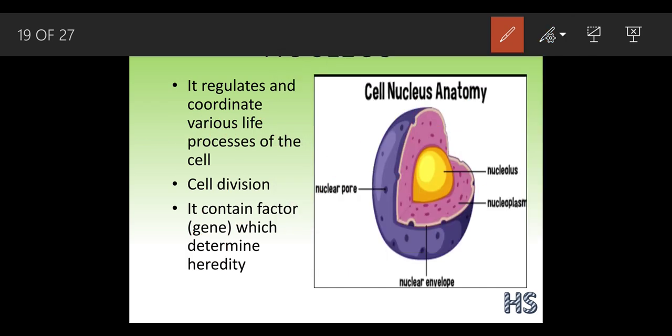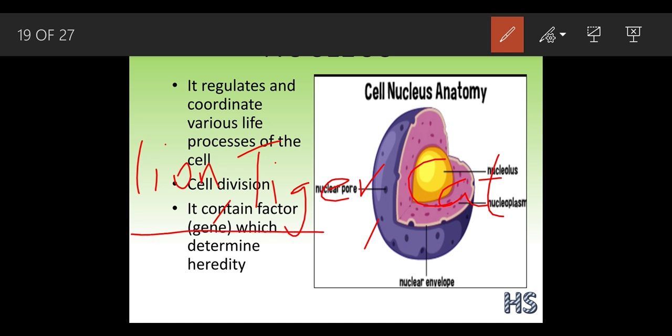Now, an application-based question. If we humans have 46 chromosomes, there is one cat family, lion, tiger, cat. They belong to the same class, the cat family. They have 38 chromosomes.